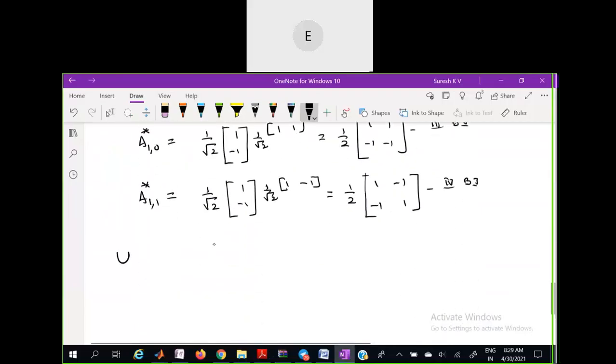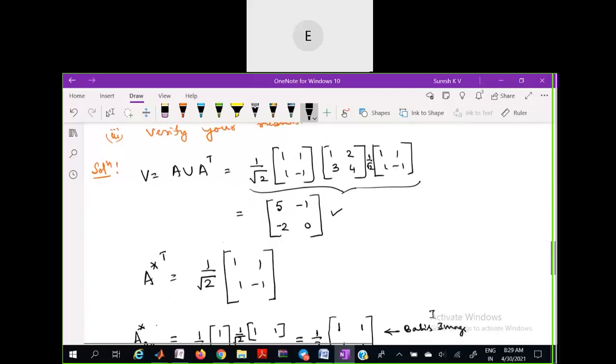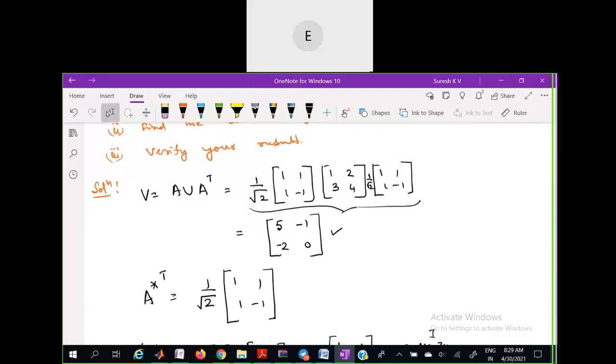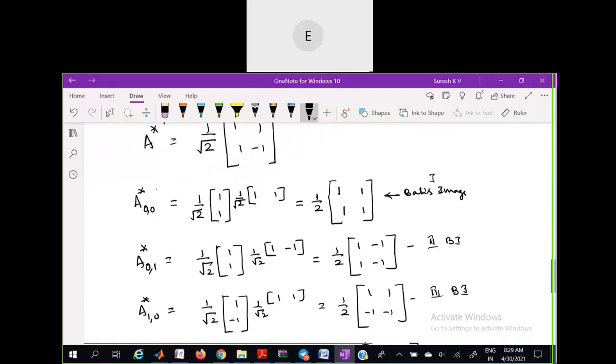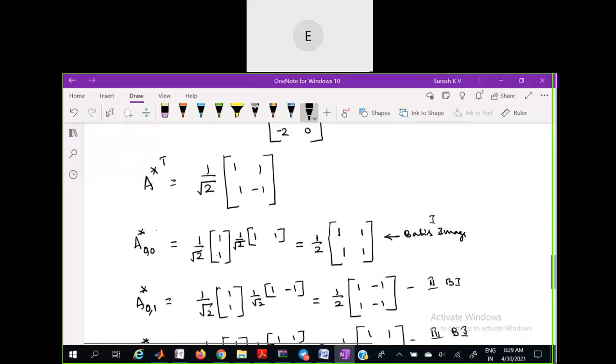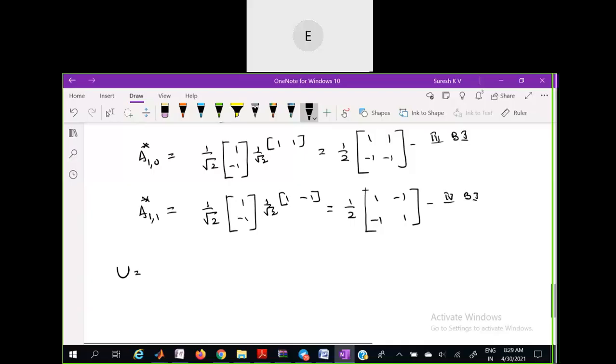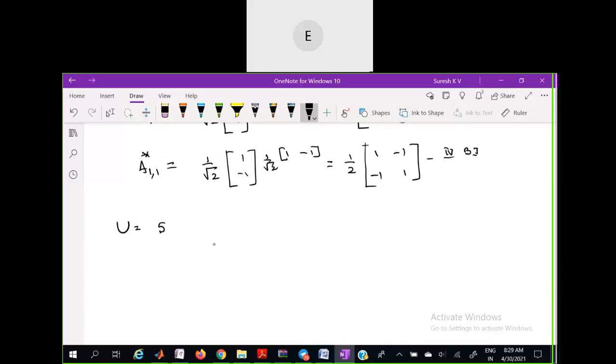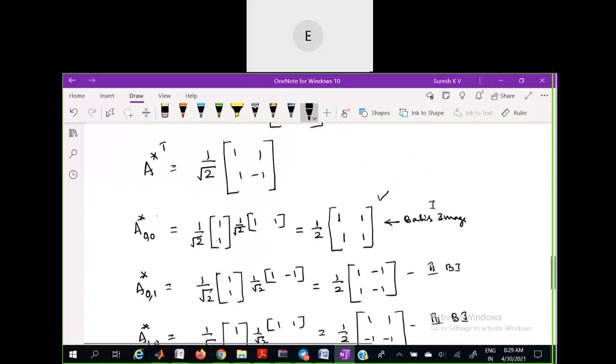How will I verify? My u can be obtained by multiplying the first coefficient, which you can observe here, 5, with the corresponding basis image. So 5 into 1 by 2, 1, 1, 1 and minus 1. Minus 1 or plus 1? Plus 1, sorry.